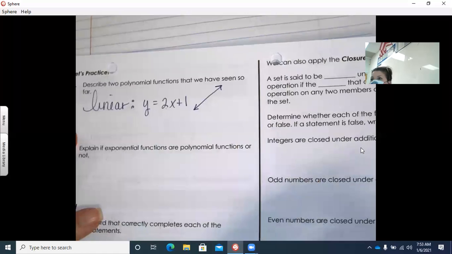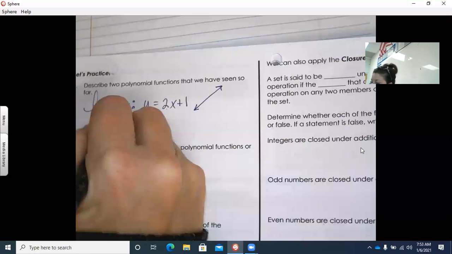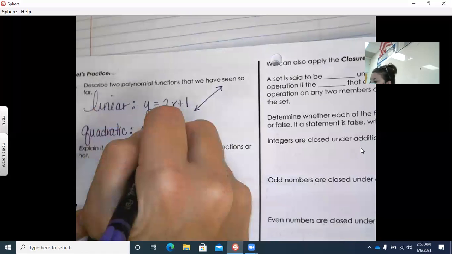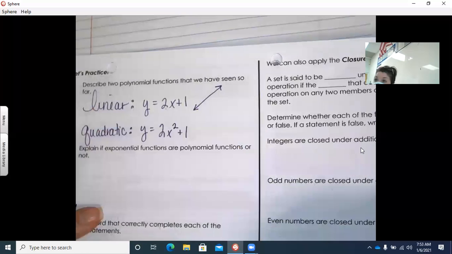What other kind of function have we worked on? This year specifically right before break. Quadratic. So quadratic has a highest degree of 2. So let's say like y equals 2x squared plus 1 would be a quadratic. Or we could have 2x squared plus 3x plus 1, right?